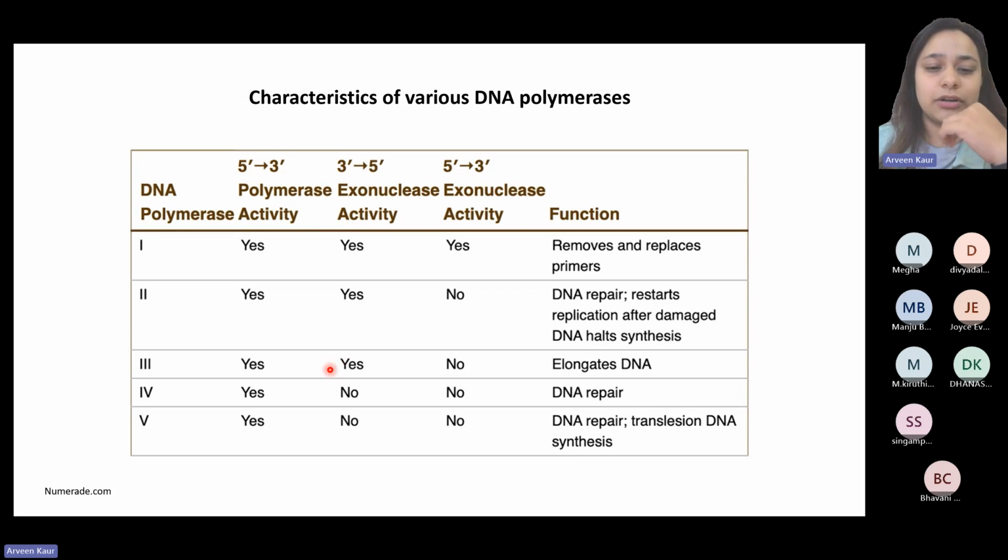That was being talked about for this DNA pol 3. Even DNA pol 2 and DNA pol 1 have this 3' to 5' exonuclease activity. Then there is one other kind of exonuclease activity, the 5' to 3' exonuclease activity. That is present only with DNA pol 1.